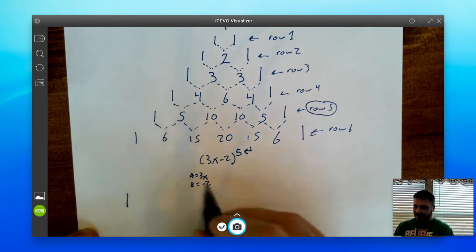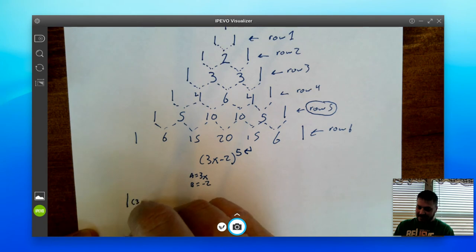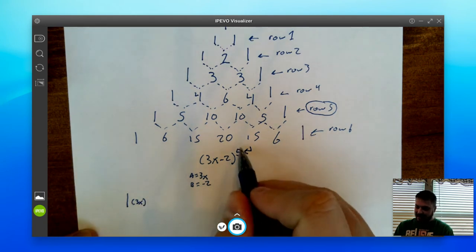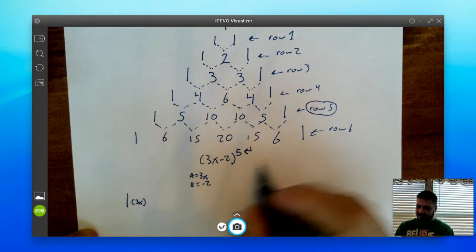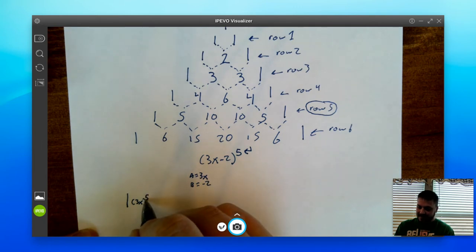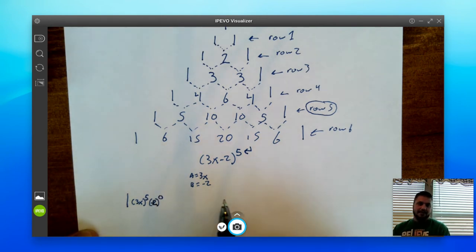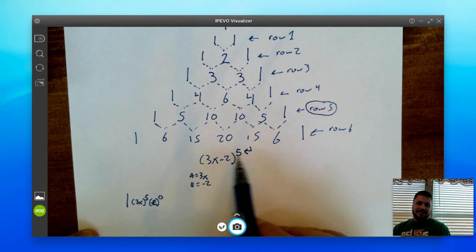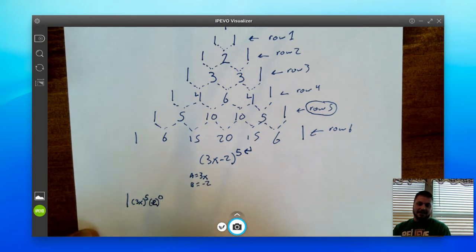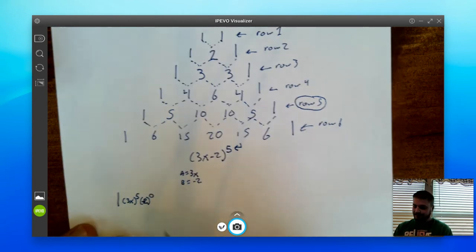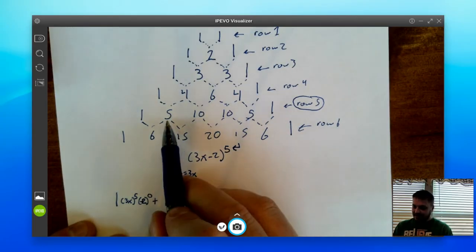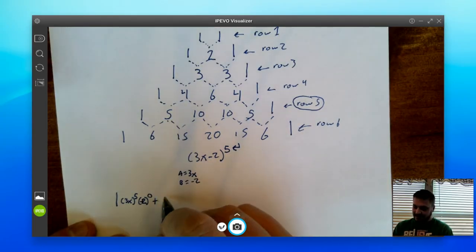I will start by taking A, which is 3x, and putting it to the exponent that is listed in the row that I'm using, 5. And the B, which is negative 2, will go to the 0 power. So you always start with the A going to the exponent that you're given, and the B going to the 0 power. Now I add that to the next number in the row that I'm using, 5.